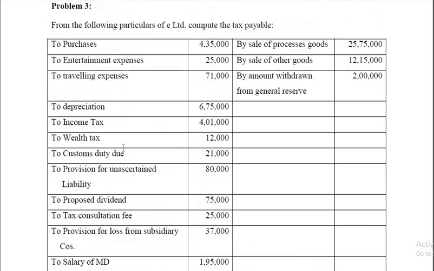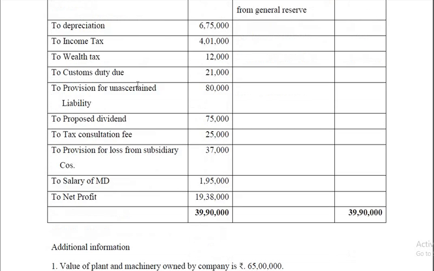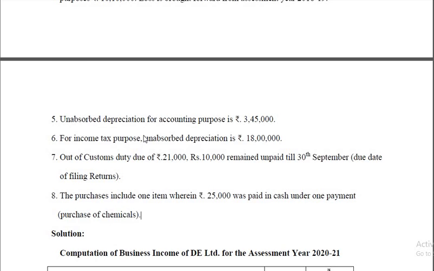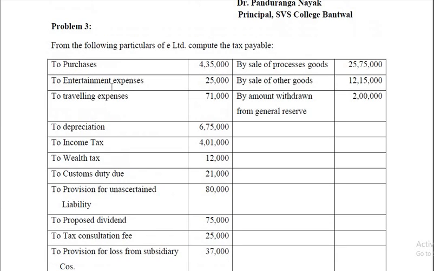Look at the debit side. I'll tell first of all regarding computation of business income, which is part of total income. Purchases include one purchase of amount 25,000. So this 25,000 included in purchases should be added back. Entertainment expenses allowed, traveling expenses allowed.